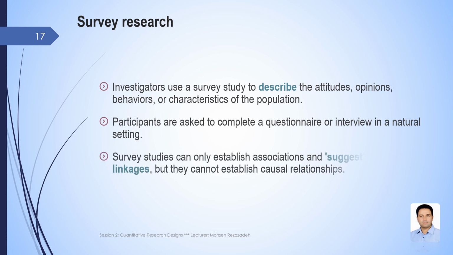Survey studies can only establish associations and suggest causal linkage, but they cannot establish causal relationships. See, they can only establish associations and suggest that there would be a causal linkage, but they themselves cannot establish causal relationships.